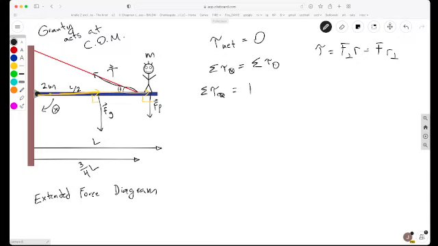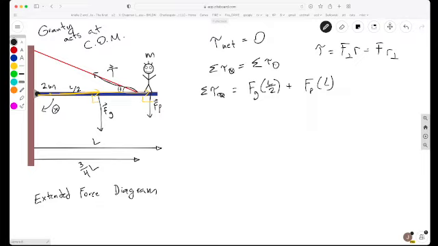So we'll have Fg times L over 2 for gravity, plus the force from the person, so that's Fp times its distance, and the person is standing at the end of the plank, which has length L, so that distance is just going to be L. So here's the sum of our torques into the page. We have the force of gravity acting at a distance L over 2 away, and the force of the person, that is a distance L away from the hinge.